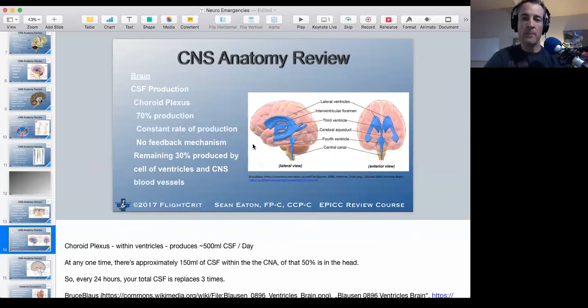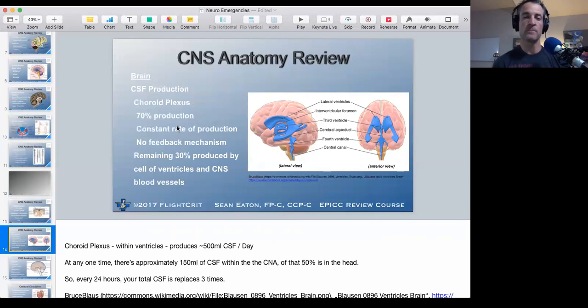Okay, so CNS anatomy continued. You've got your brain, of course, and we're going to talk about the Monro-Kellie doctrine and how that relates to ICP. But to understand a little bit more about how the Monro-Kellie doctrine and ICP management relate to the cerebrum, we need to understand a little bit more about cerebrospinal fluid and its production and blood flow and so on.